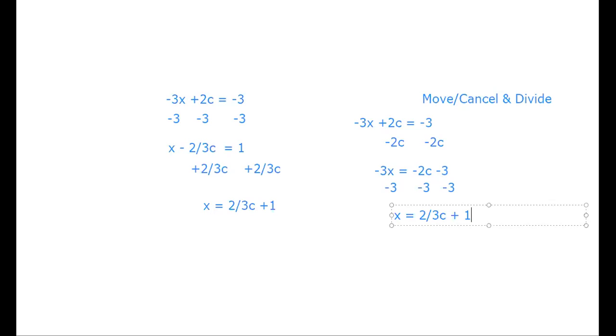Now, a big reason why we have to know how to do these literal equations and understand these procedures is because when we start graphing, which is in the next unit, this is actually sort of in the format of a standard form equation. And standard form equations are hard to graph, but if we can convert them by solving for one of the variables, it becomes easier to graph.